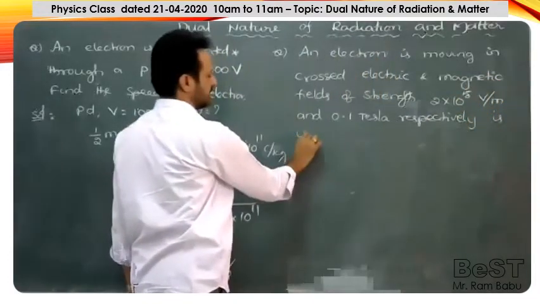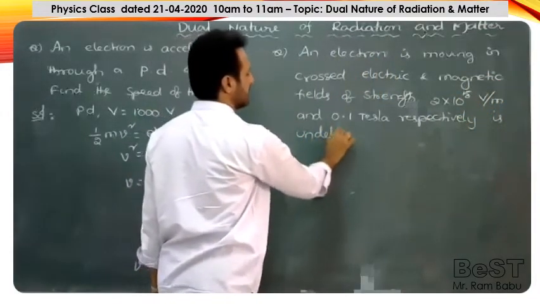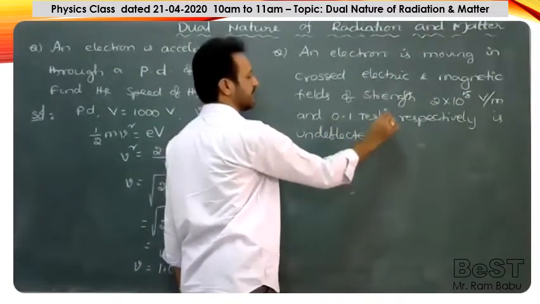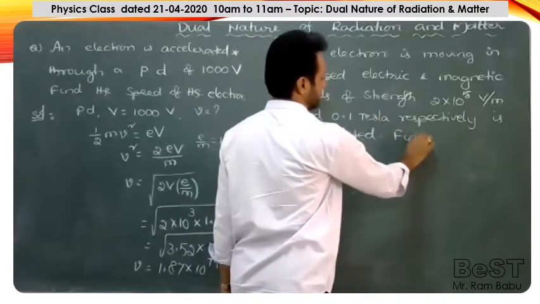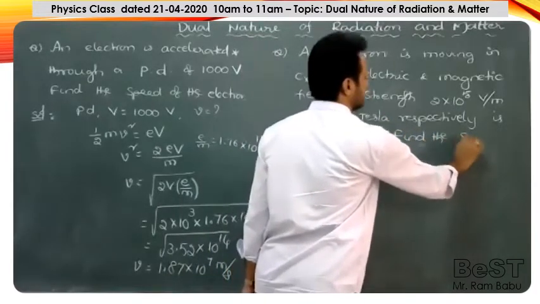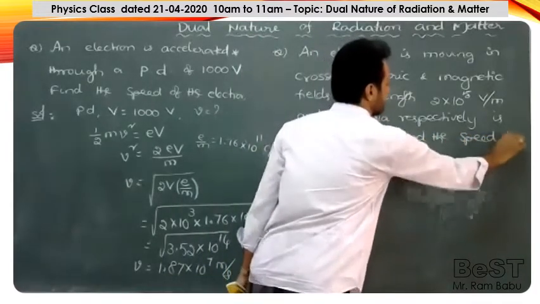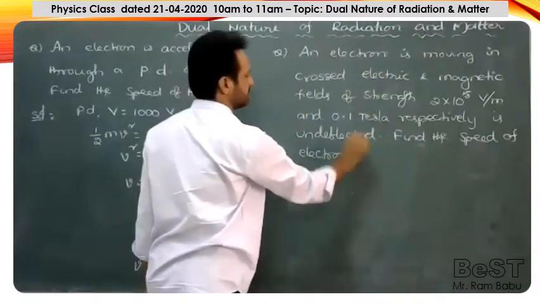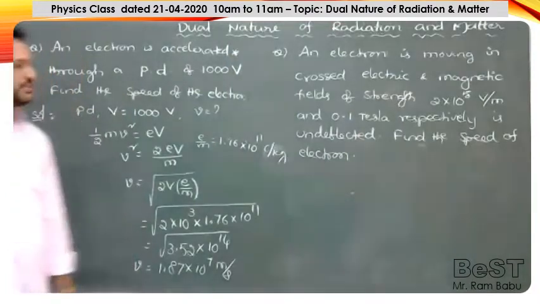So, without deflection, the electron is traveling through the crossed electric and magnetic field undeflected. Find the speed of the electron. It is the question. So read the question and write.